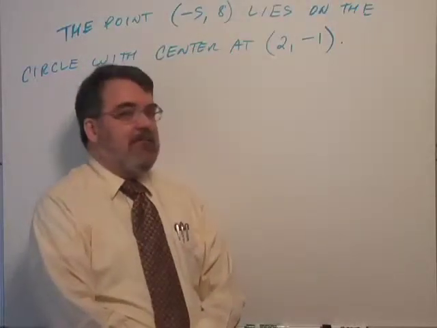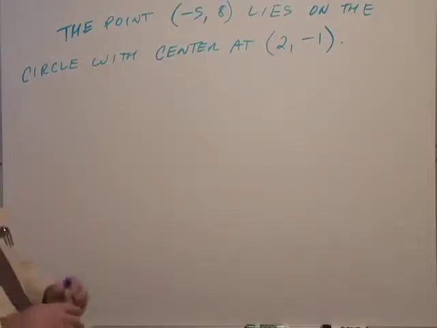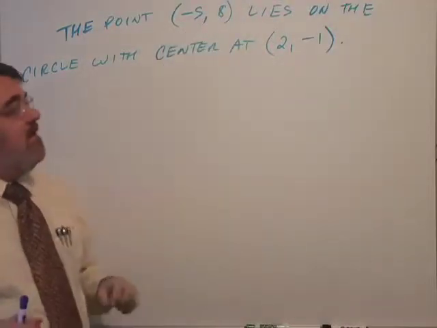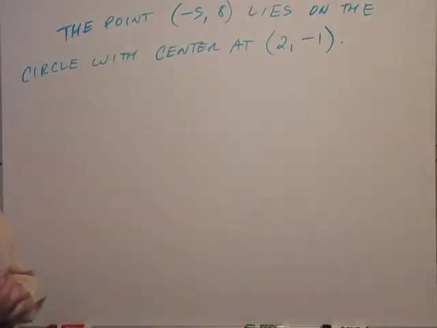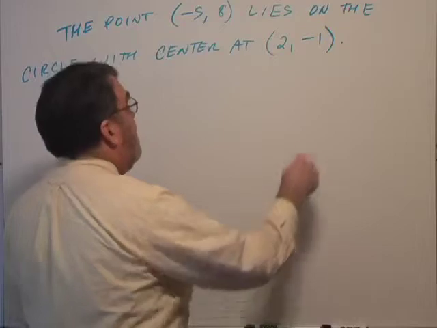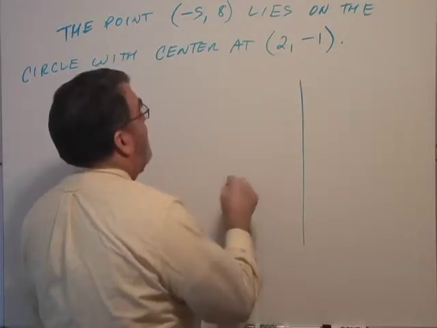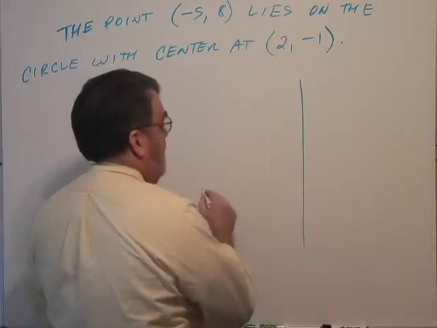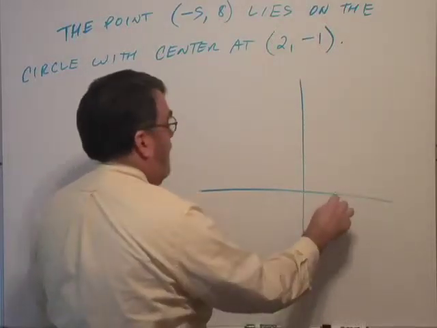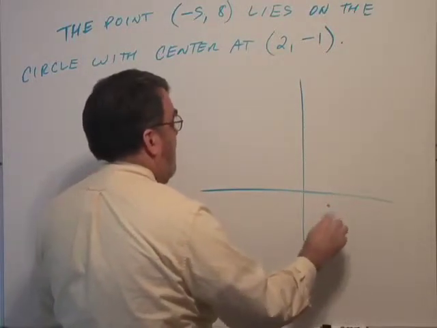Here's the problem. The point -5, 8 lies on the circle with center at 2, -1. So I'm going to draw a little sketch of this, to get an idea of what's going on. I think when you draw a sketch, it's usually a pretty good idea. All right, so 2, -1 is down about here.